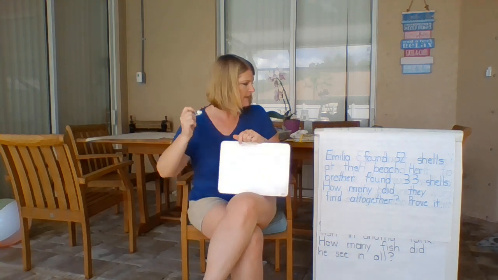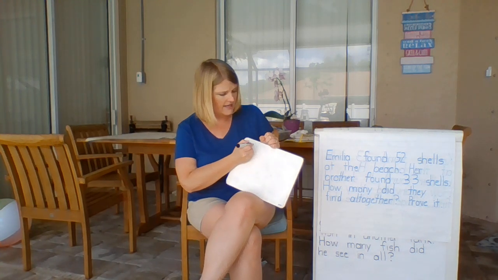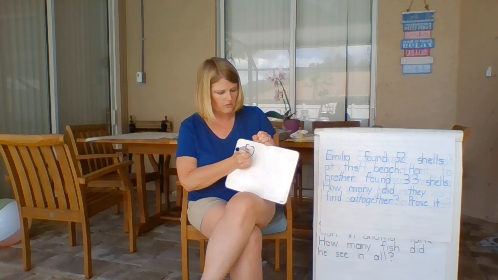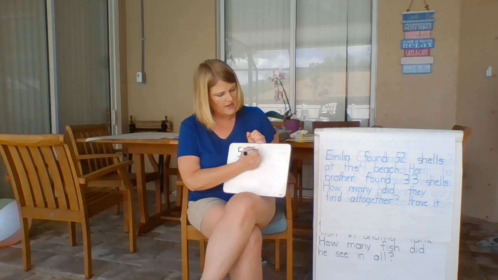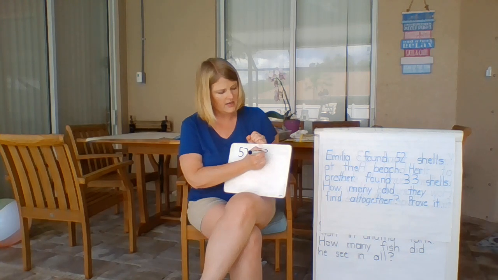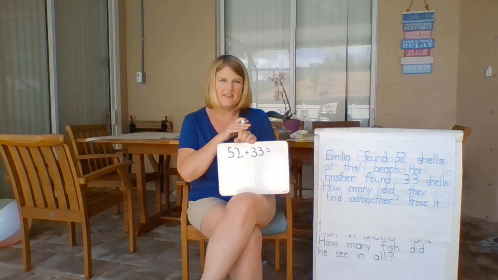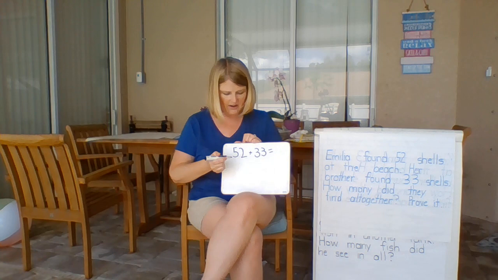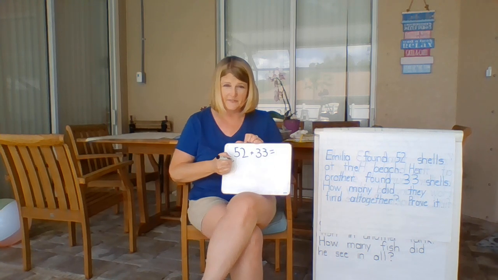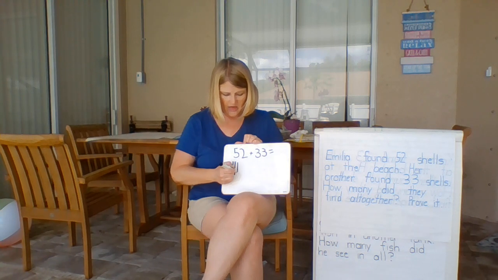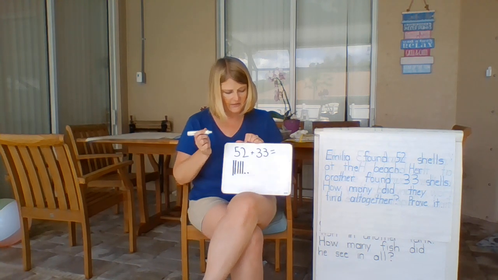Some of my friends were writing the equation that matches, which is 52 plus 33 and the equal sign, and we're not quite there yet. They did 52 by drawing the picture, 10, 20, 30, 40, 50, 51, 52.